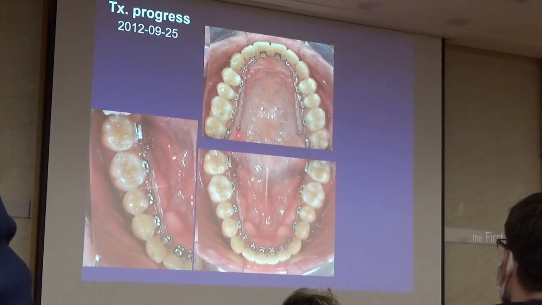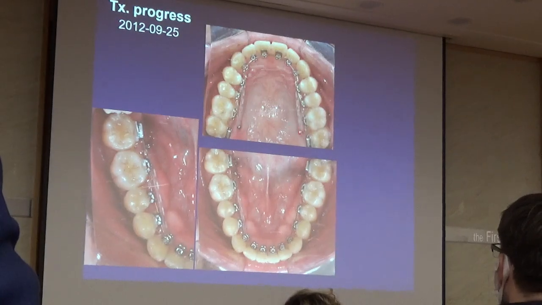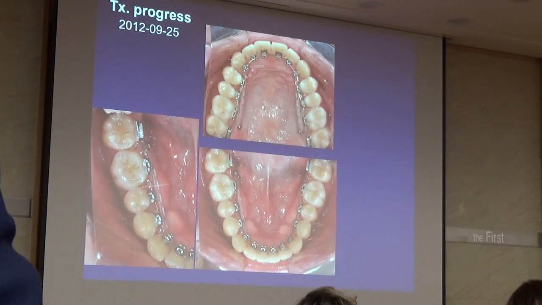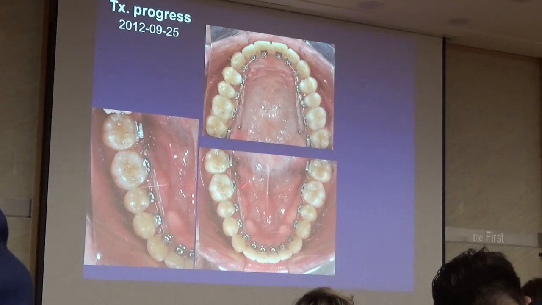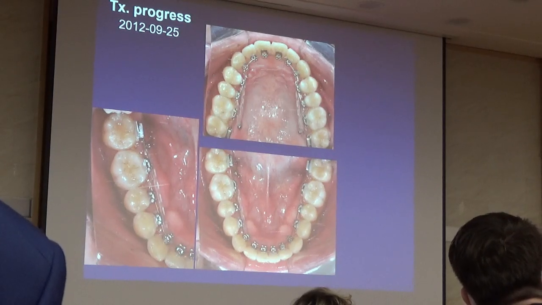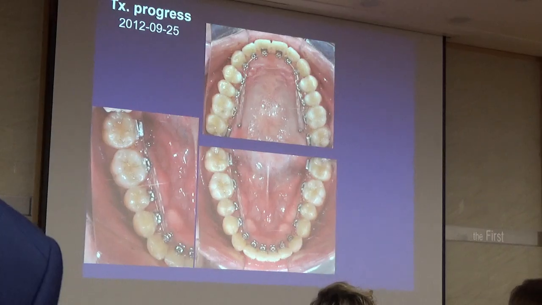Okay. We have 3 mini screws. 1, 2, 3. If it were labial case, we would have tried mini screw 1, 2, or 3. Something like that. Okay? What matters is the way how you treatment plan each of the case.